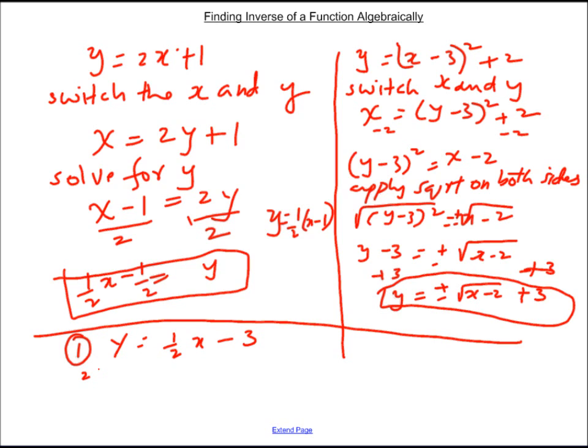That's a simple linear function. The second one would be y equals, I'm sorry, this is an equal sign, y equals x minus 4 squared minus 3. So please find the inverse of these two functions and bring it back for your homework.